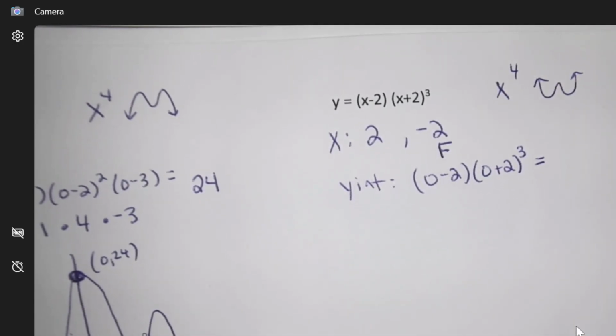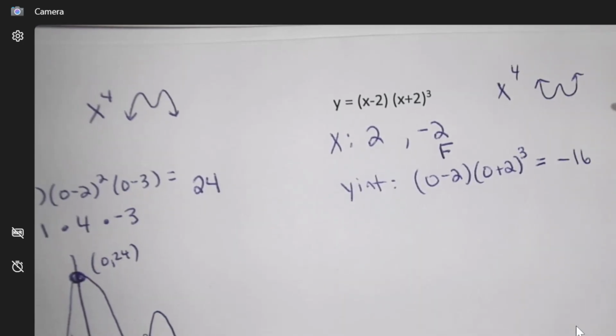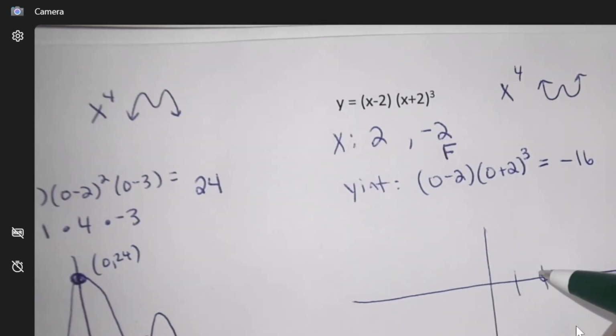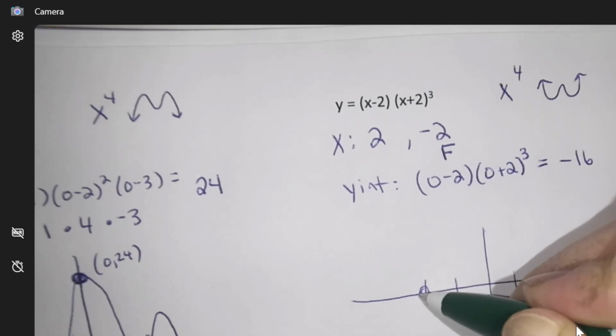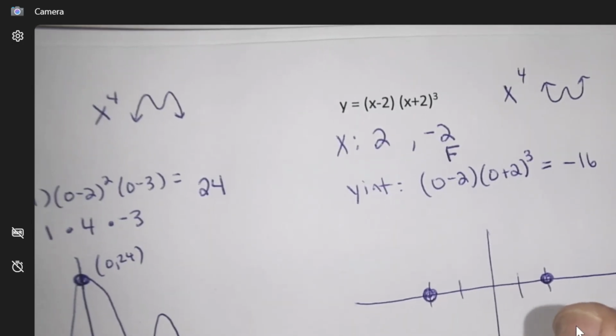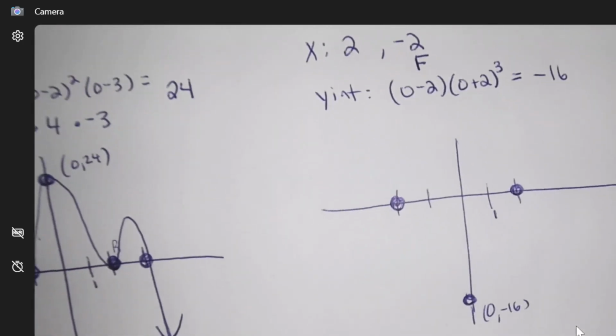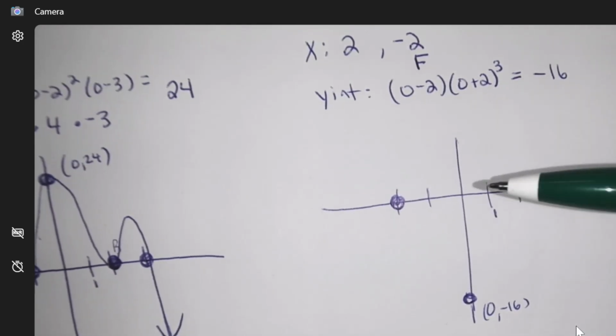y-intercept. Okay, so here's my intercepts.